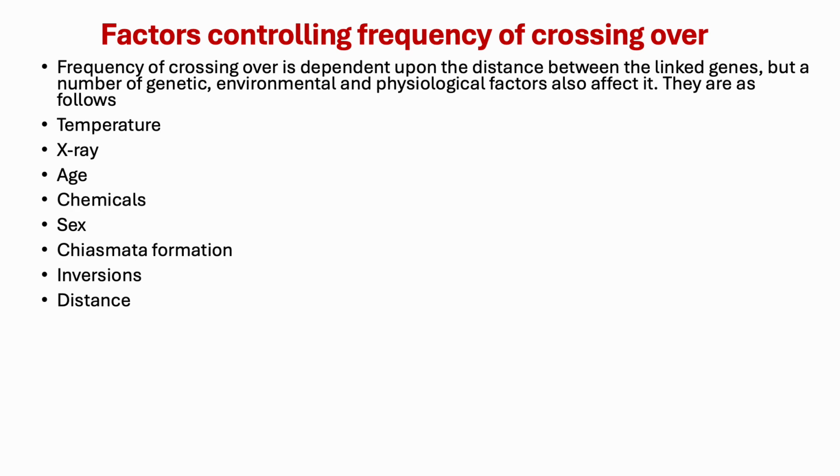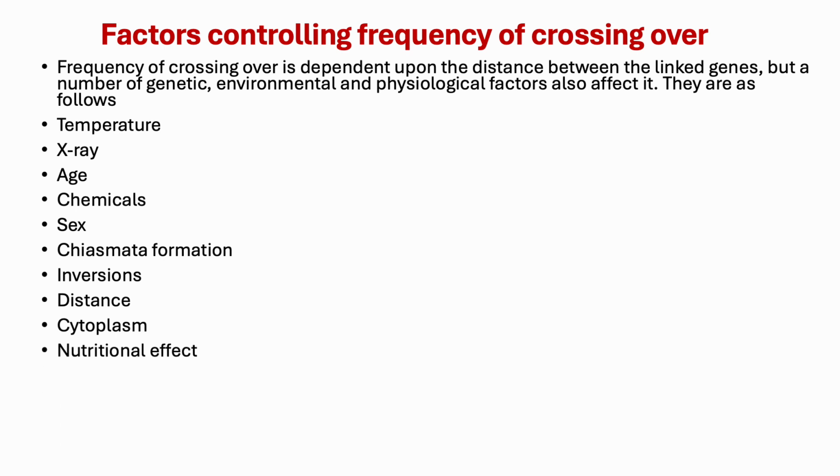The chances of crossing over between distantly placed genes... Then cytoplasm. Cytoplasm also has an effect on the frequency of crossing over. So the factor of crossing over is present in the cytoplasm and is inherited to the offspring.